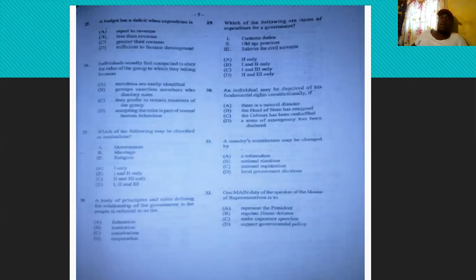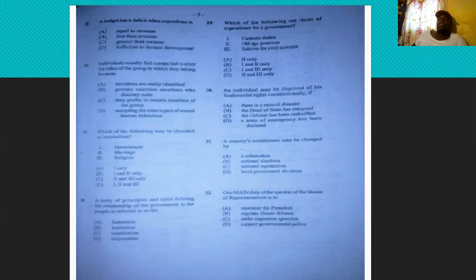Number 30 now. An individual may be deprived of his fundamental rights constitutionally if what can happen? A, there's a natural disaster; B, the head of state has resigned; C, the cabinet has been reshuffled; or D, a state of emergency has been declared.